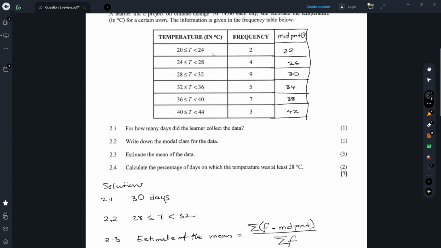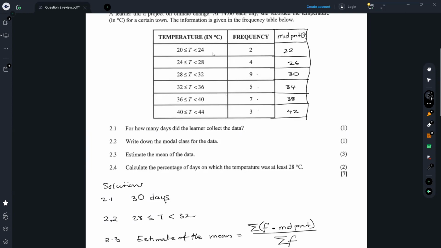So 28 here becomes the minimum. So now we're going to have the number of days where the number of degrees is 28 going up. So we have 9 here, 5, and 7, and we have 3 here.